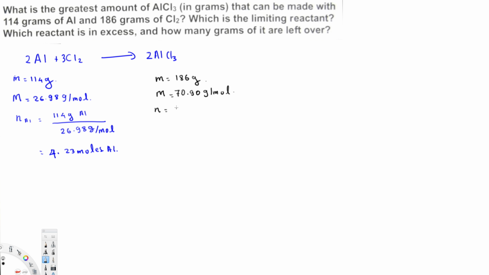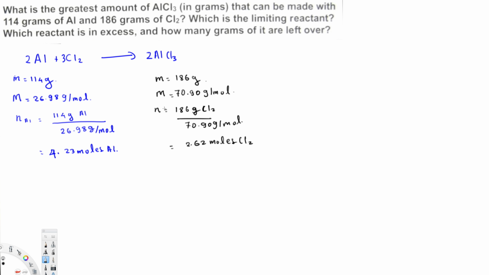So this is going to be 186 grams of Cl2 divided by 70.90 gram per mole. And if you calculate this one, this will give you 2.62 moles of Cl2. So now we have calculated the moles of aluminium and Cl2.